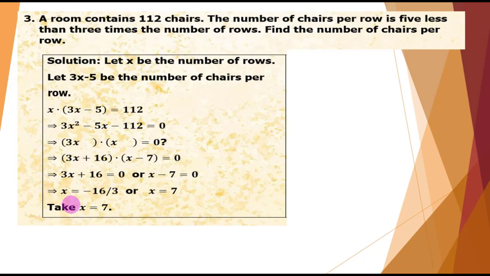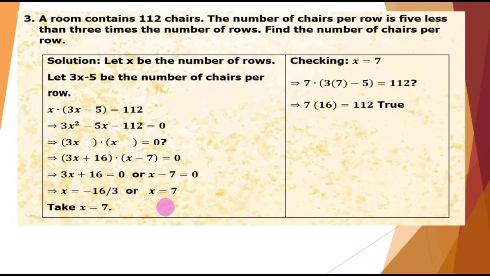In this case, x is negative 16 thirds or x equals 7. We have to take x equals 7. Why? Because we are considering x to be the number of rows of chairs, so it should be positive. Taking negative 16 over 3 is not relevant and immaterial in this case.